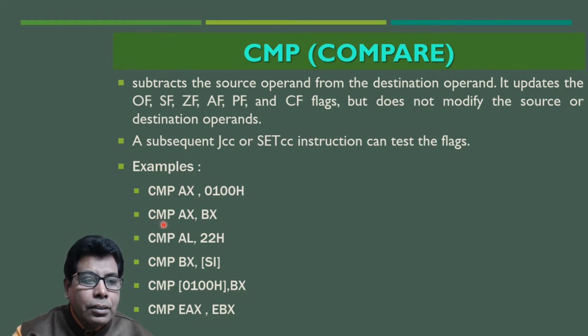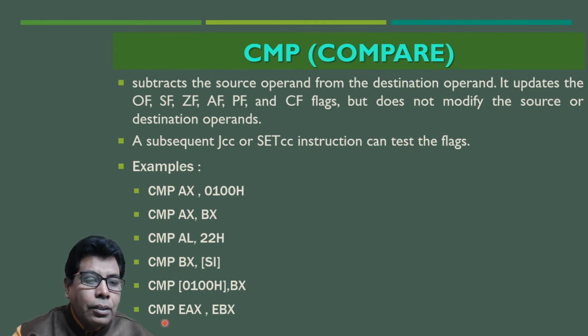Similarly, here we are comparing AX and BX. Here we are comparing AL with 22, and here we are comparing BX with the contents of memory pointed by SI. Here we are comparing the BX register with the memory pointed by 0100 and 01.